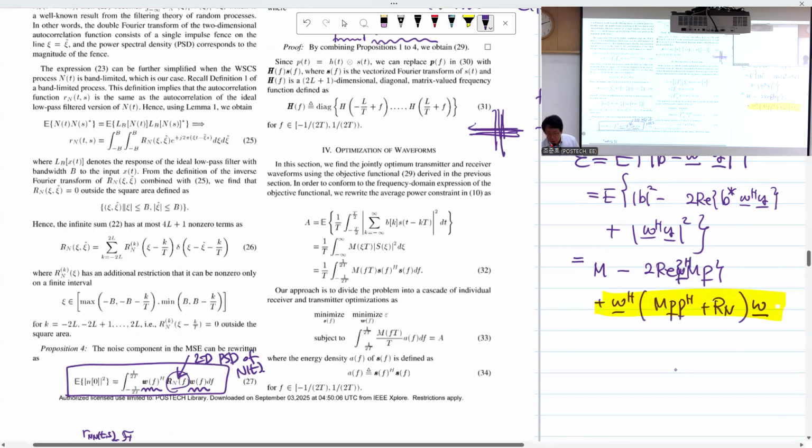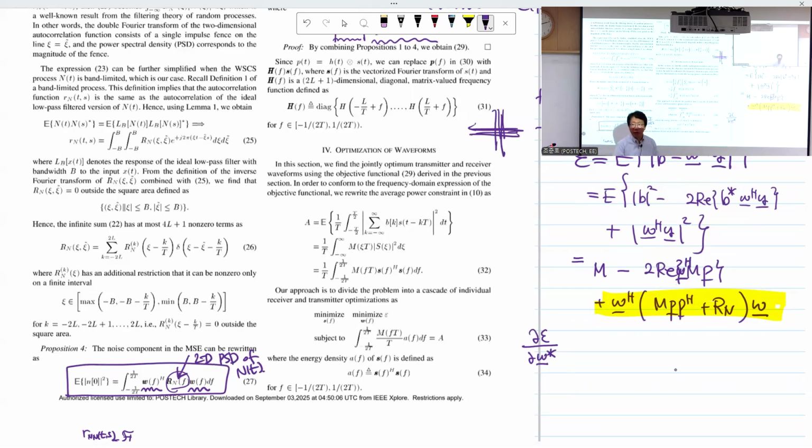Now, what we want to do is apply a derivative with respect to each element of W. The problem is that many of you have never seen this kind of notation.